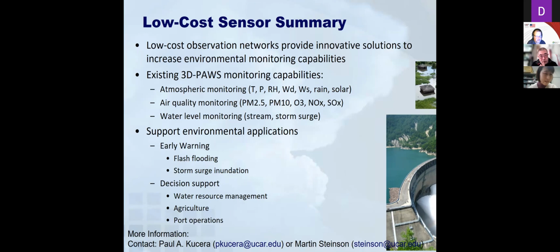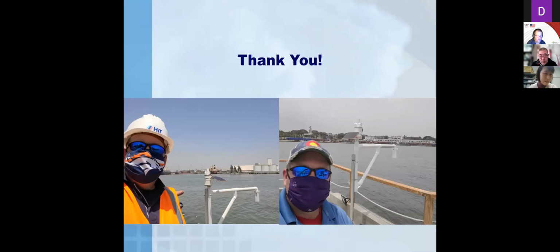And what I'm really excited about is using these observations, these networks, to support environmental applications, such as early warning, flash flooding, storm surge, inundation, and other decision support like water source management, agriculture, port operations, and a lot more types of applications. So with that, I will stop there, and thank you for your time, and please let me know if you have any questions.